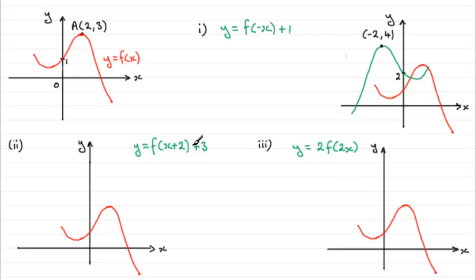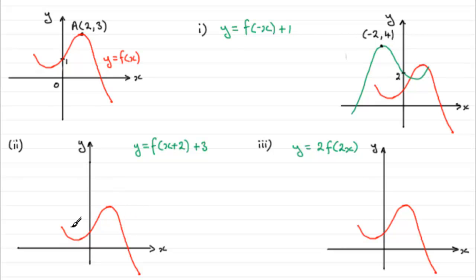Now for part 2, we've got to sketch the graph y equals f of x plus 2 and then plus 3. So we start with looking at f of x plus 2, and what this does to any graph of the form y equals f of x is to translate it 2 units to the left, parallel to the x-axis.